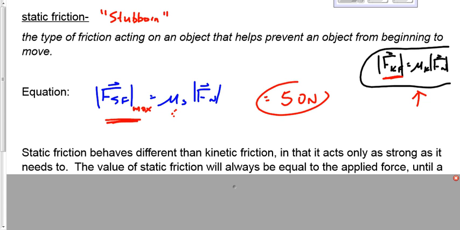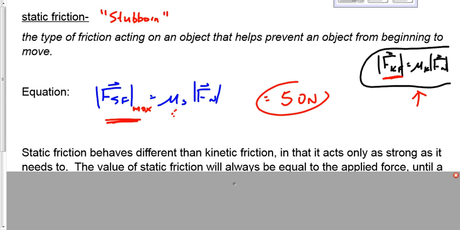So we say static friction behaves differently than kinetic friction in that it acts only as strong as it needs to. It's the stubborn force. If the maximum value is 50, I push with 30, it just pushes back with 30 because that's all it needs to. I push with 40, it just pushes back with 40 because that's all it needs to do. I push with 49, it pushes back with 49 because that's all it needs to. The value of static friction will not come from the equation.